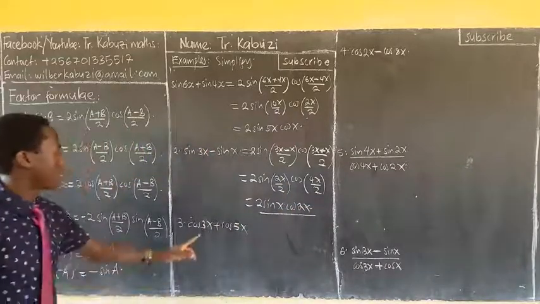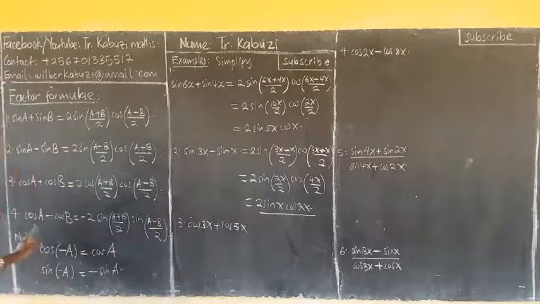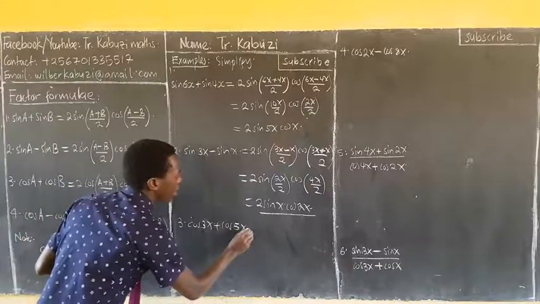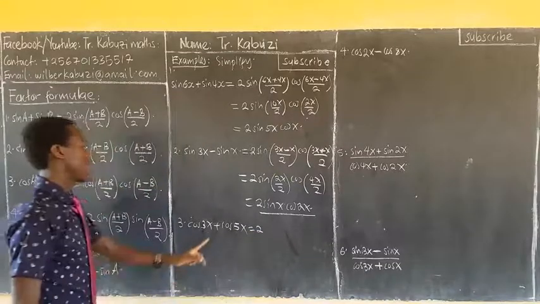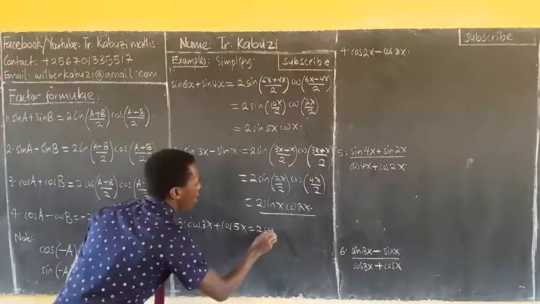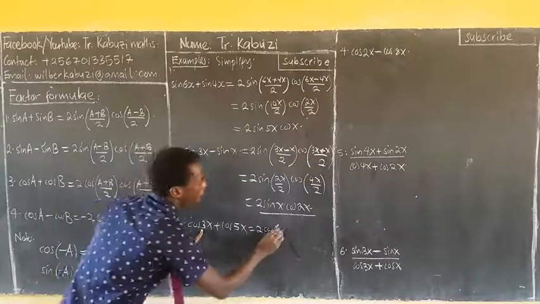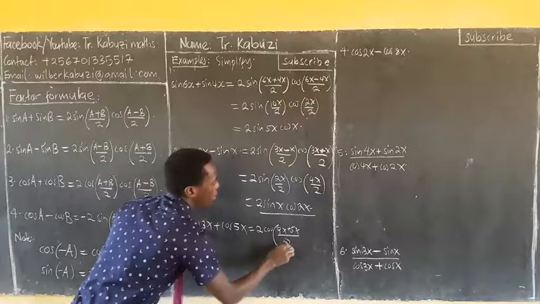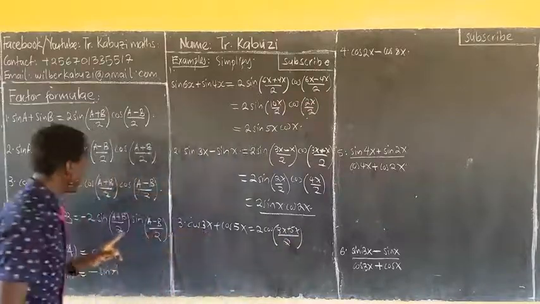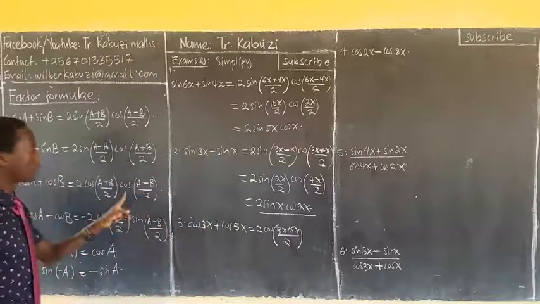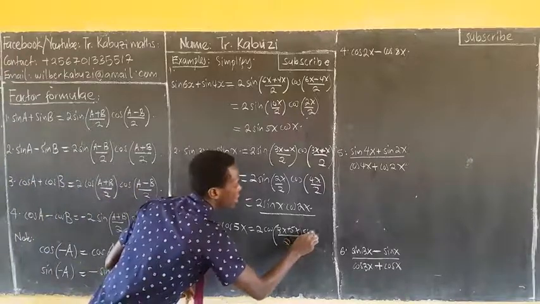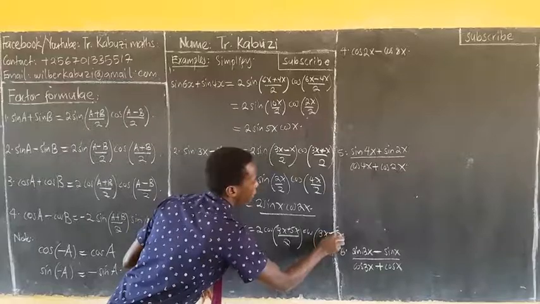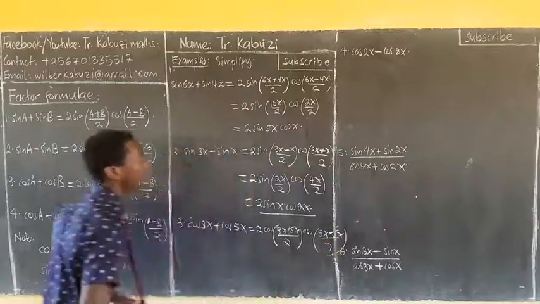Now we are dealing with adding cos. This will be equal to 2, and we first add the angles and still retain the cos, then cos of 3x minus 5x over 2.